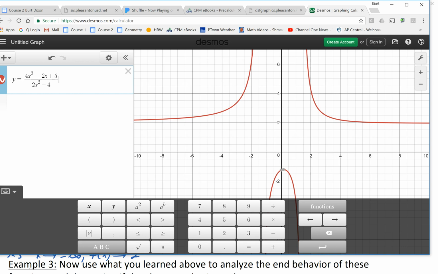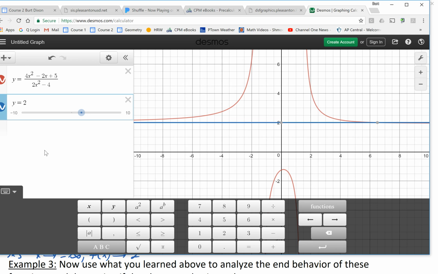That's right. If I graph y equals 2 as another equation, y equals 2, do you see the blue line? The red curve is getting closer and closer to that blue line. So when we analyze end behavior and we get a number instead of infinity or negative infinity, that means the graph, as we go far to the right and far to the left, is approaching the horizontal line y equals 2.